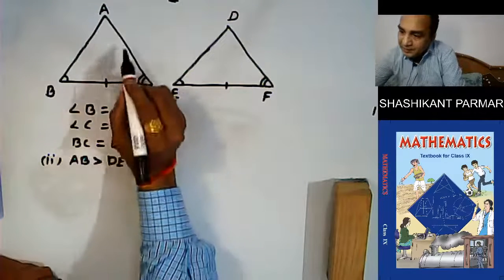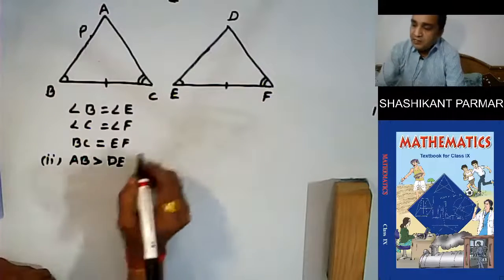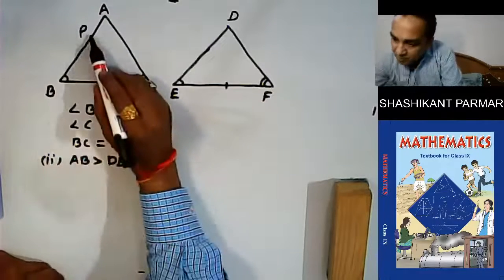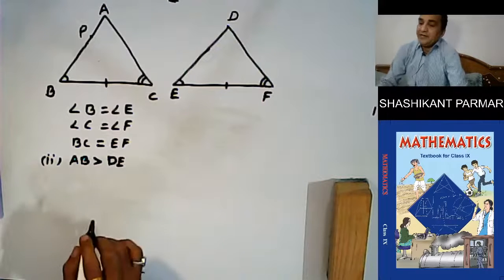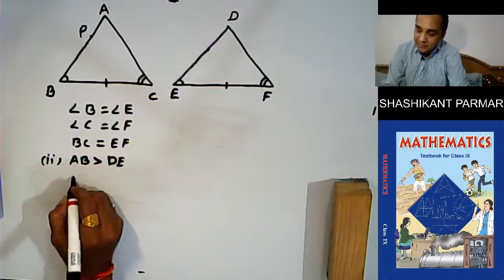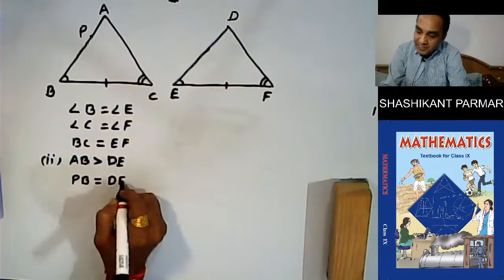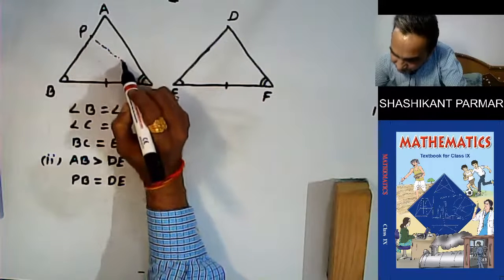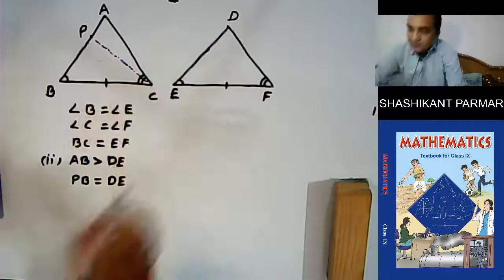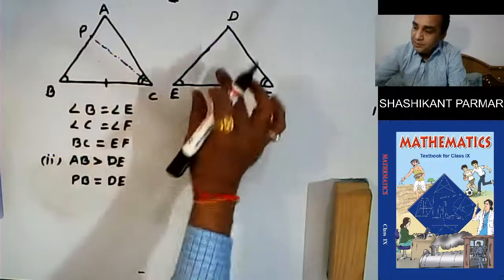So take here a point P on AB such that PB is equal to DE. Now PB is equal to DE.